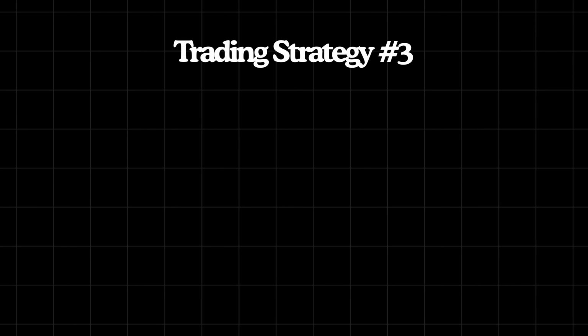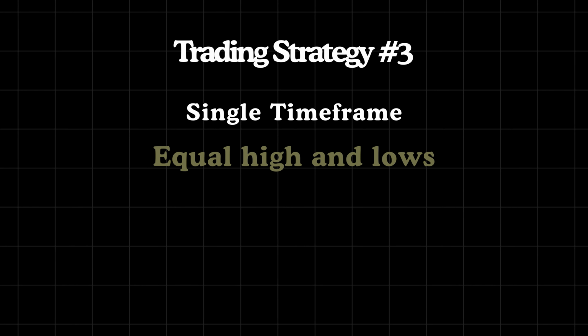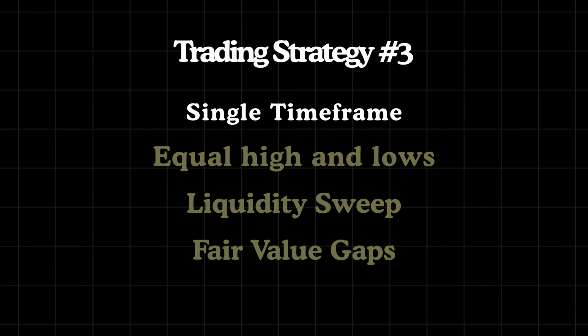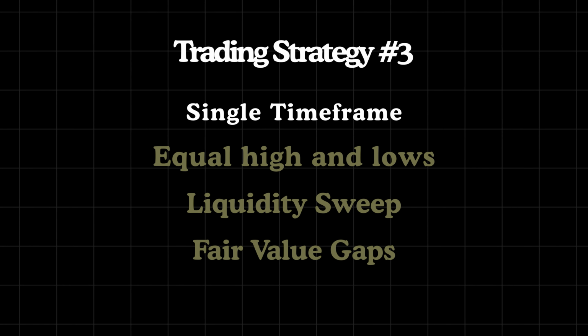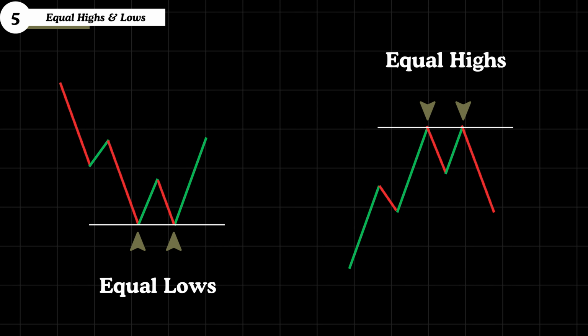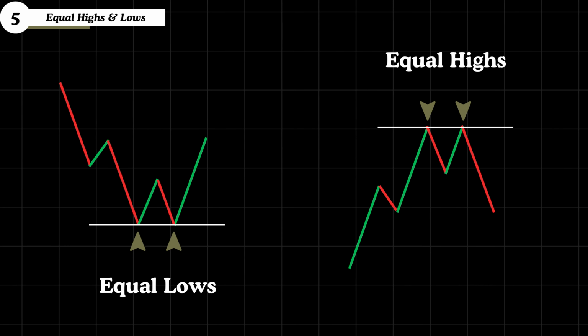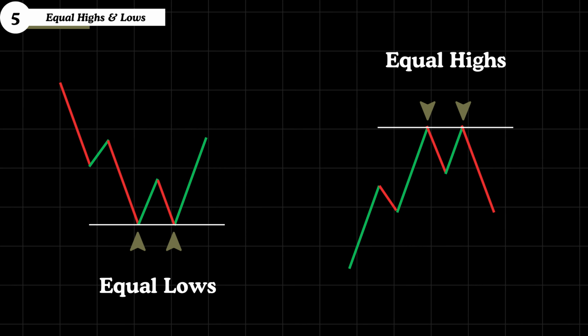This setup relies on a single time frame and integrates the concepts of equal highs and lows, liquidity sweeps, and once again, fair value gap entries. So, what exactly are equal highs and lows, and why do they matter so much? Equal highs and lows are specific price points where the market reacts multiple times without successfully breaking through.